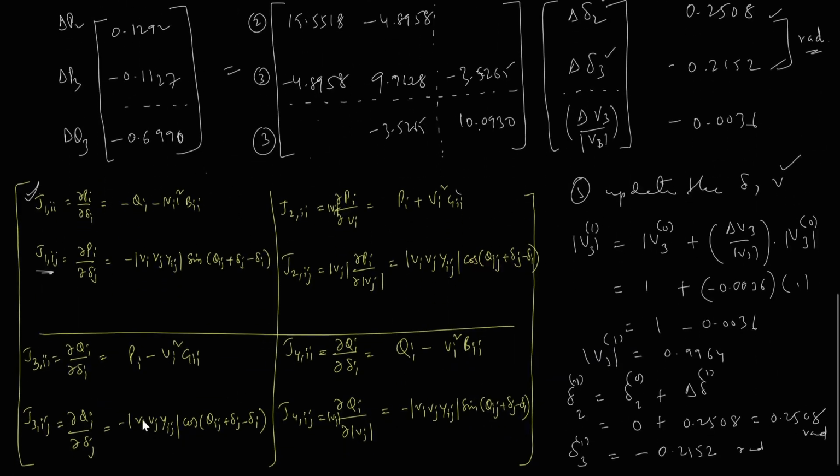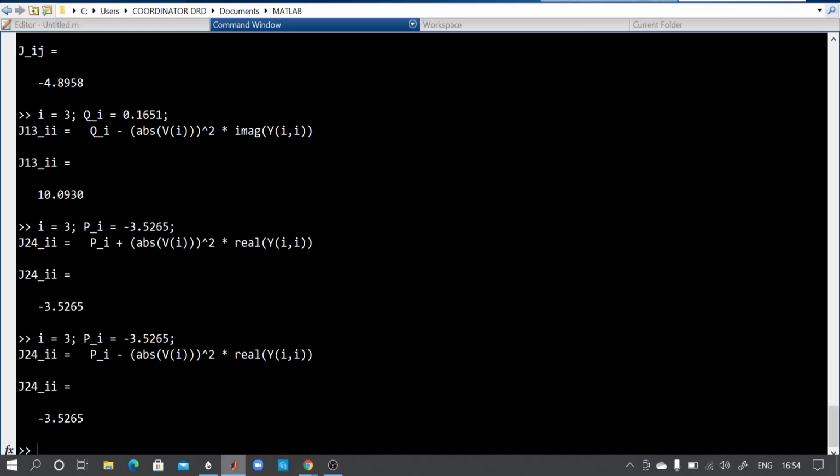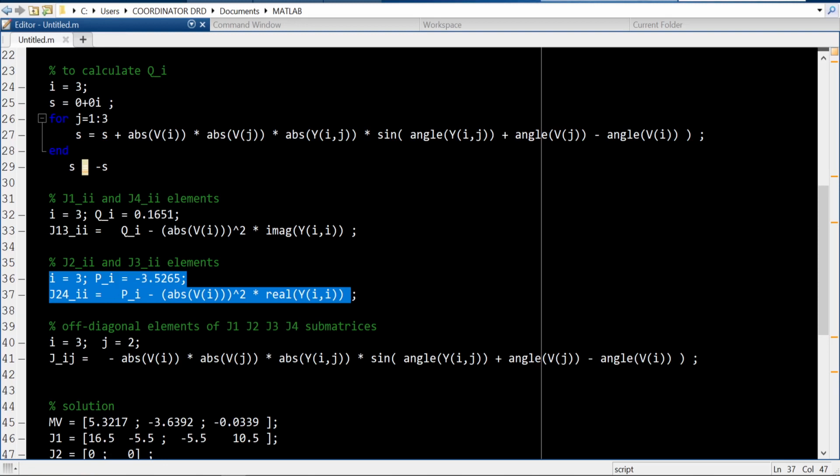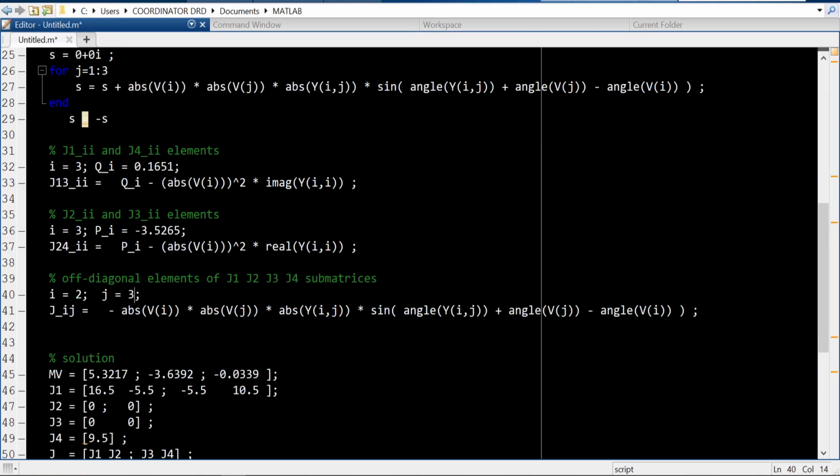And what about these two off diagonal entries? Cos, but one is having plus and this is having minus, right? So off diagonal entries, this is 2, this is 3, and this is having cos and this is plus, right?